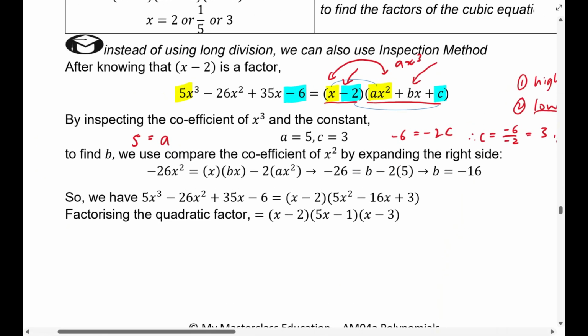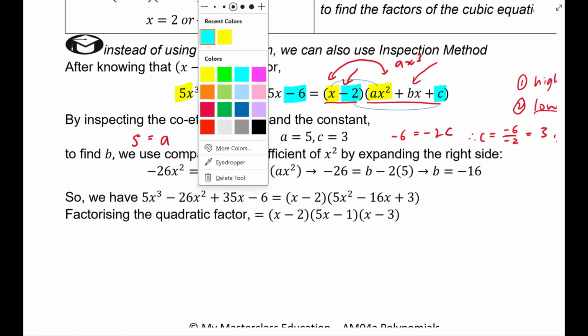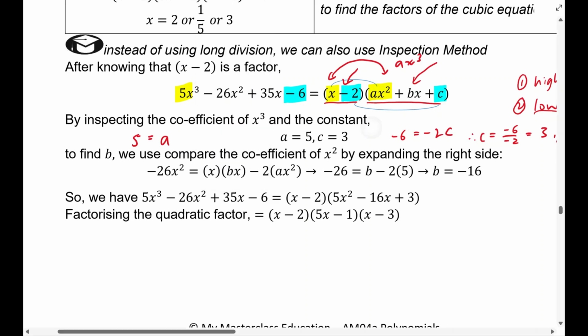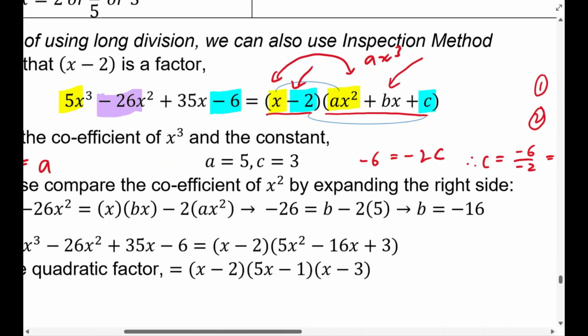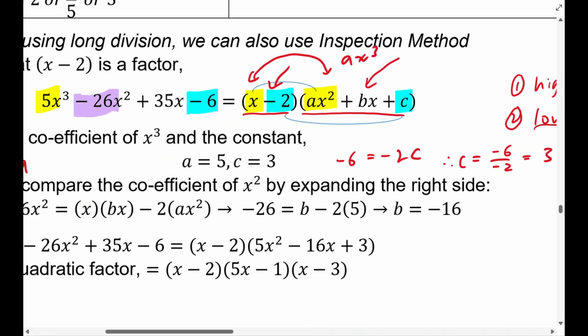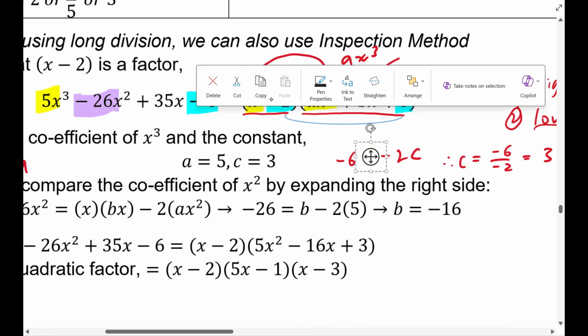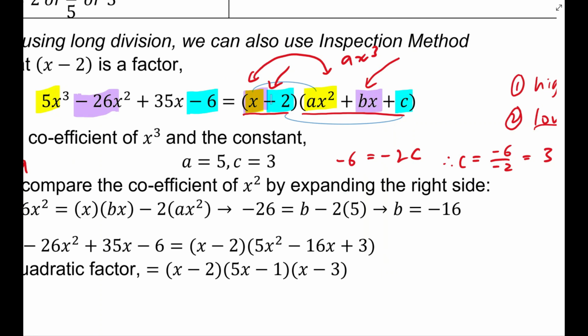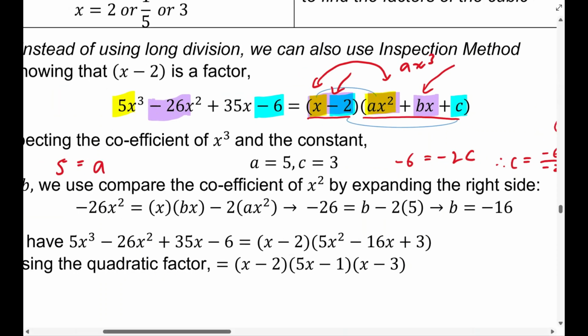Okay, and to find b, we compare the coefficient of x squared by firstly looking at the left hand side. The left hand side is minus 26 for your coefficient of x squared. Then on the right hand side, we need to expand. So how can we get x squared? We can multiply x by bx or minus 2 and ax squared.